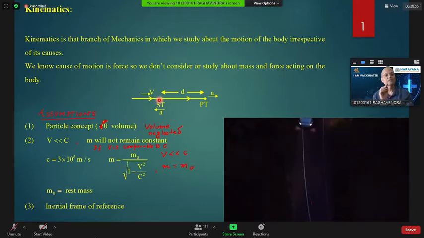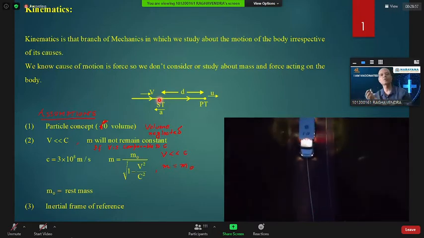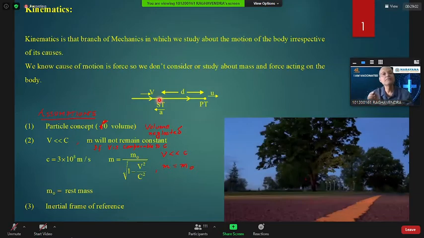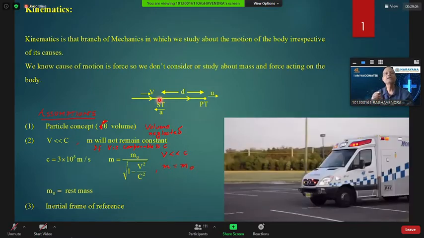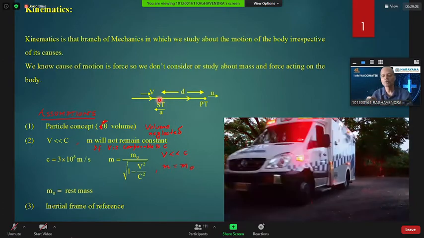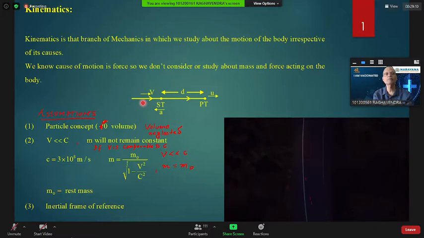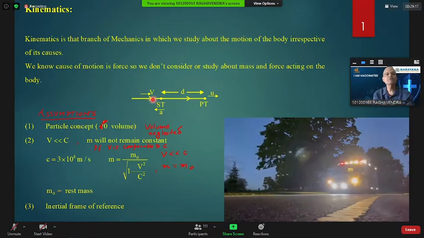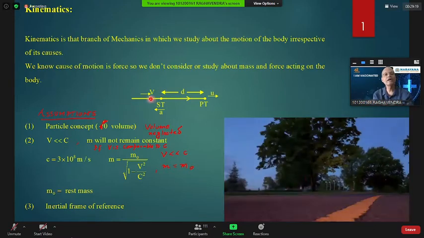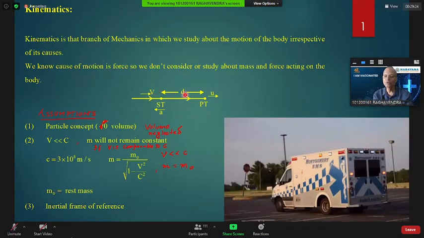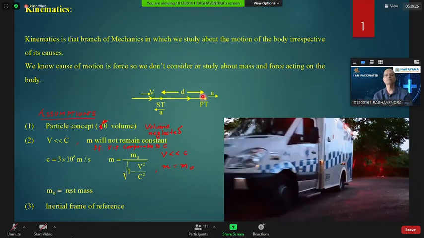So in kinematics, what is the cause of motion? Force. In kinematics, we never study force. We never study mass. We are just studying motion. This is an IIT asked problem, beta. If in distance d, your super fast train reduces its velocity from v to u, then there will be no collision.